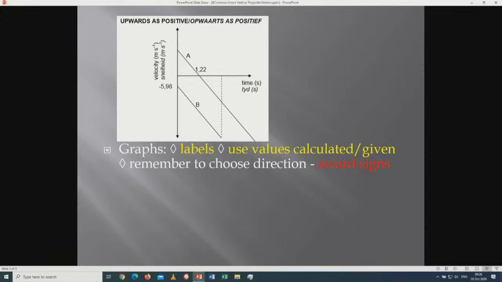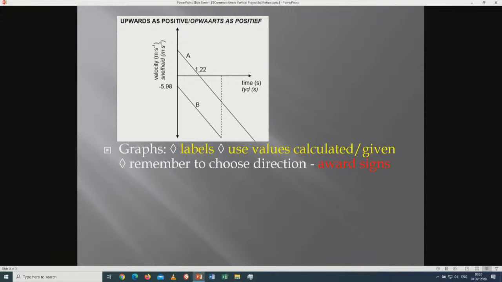So if you have 2 objects moving, remember that the 2 lines must be parallel to each other because both objects are free falling, both objects having an acceleration of minus 9,8. So these 2 gradients must be parallel to each other.